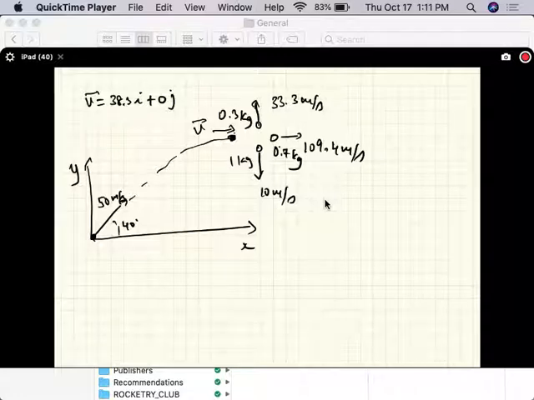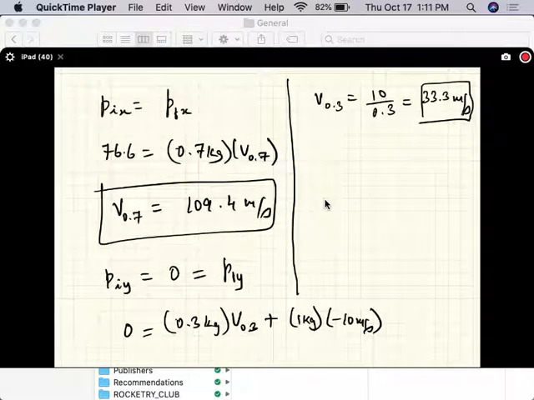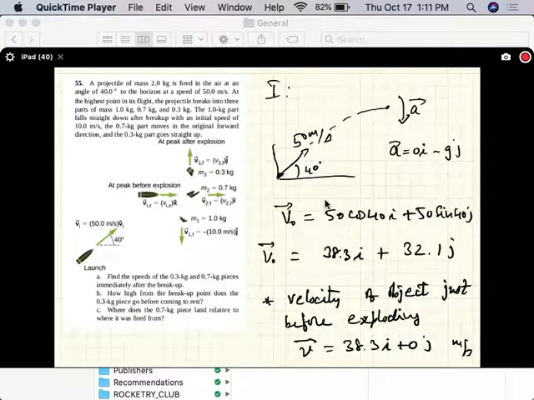So what we are saying is just before the shell exploded, it's going at 38.3 meters per second. It exploded into 3 pieces. One piece is going at 109 meters per second, this piece is going at 33 meters per second, and this piece is going at 10 meters per second. All right, so that's what we have found so far.